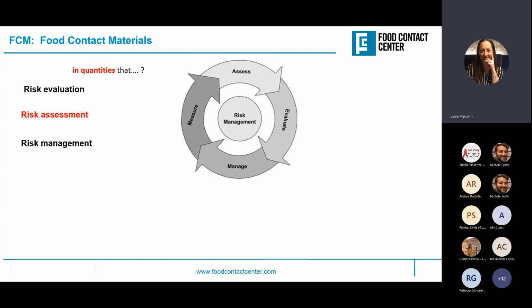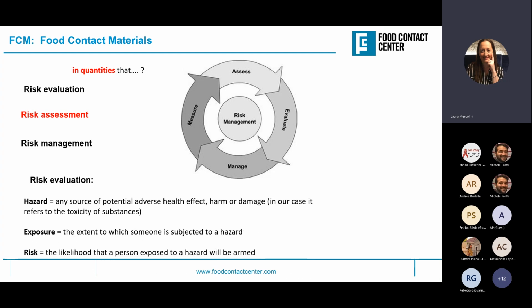That's why we must perform the risk evaluation, then the risk assessment and the risk management, taking into account the hazard, so the substance that is contained in the item, the exposure, so the migration, and also the exposure related to the daily intake of the consumer in that specific area.